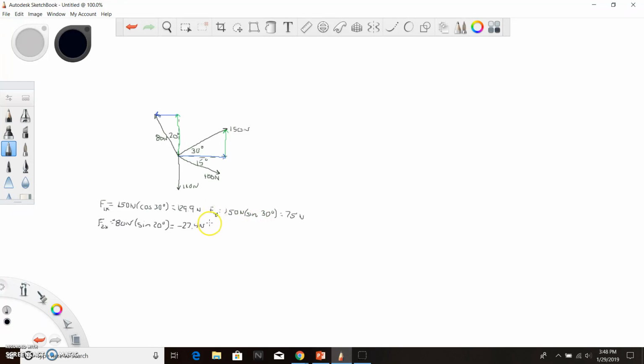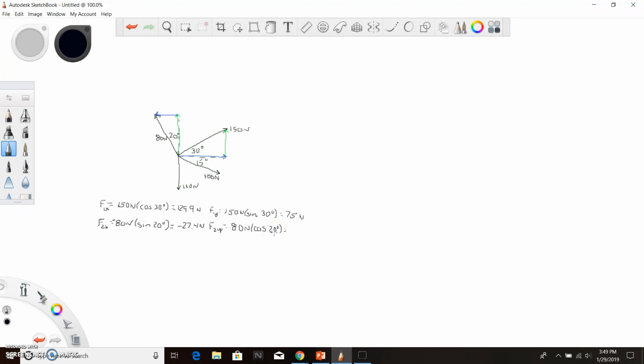Okay, F2 sub y, that's going to be 80 newtons. That is a horrible 8, but that's okay. This time we're going to use the cosine of 20 degrees to find our component.